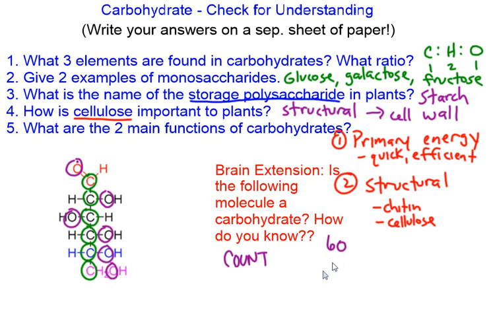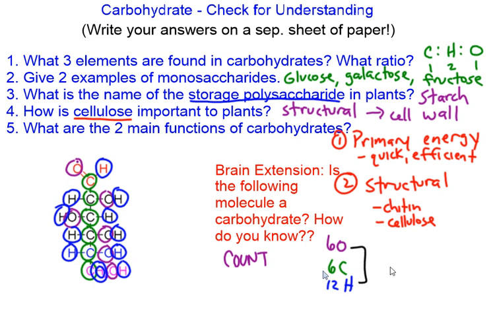I have 6 C's. 1, 2, 3, 4, 5, 6, 7, 8, 9, 10, and there's 2 H's right here, 11 and 12. 12 H's. So in regards to C, H, and O, 6 C's, 12 H's, 6 O's, we have that nice 1-to-1 relationship, which means carbohydrate.